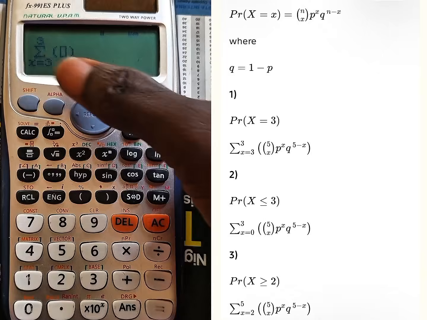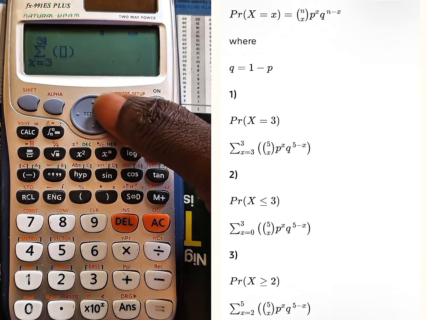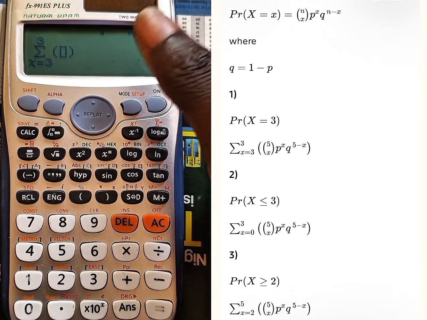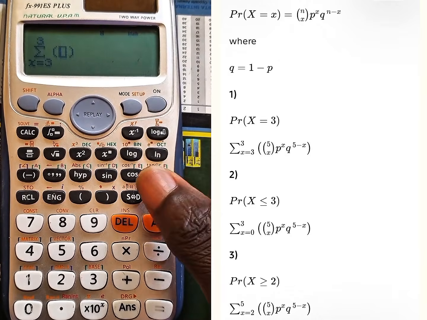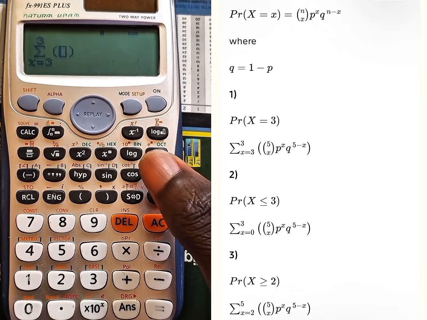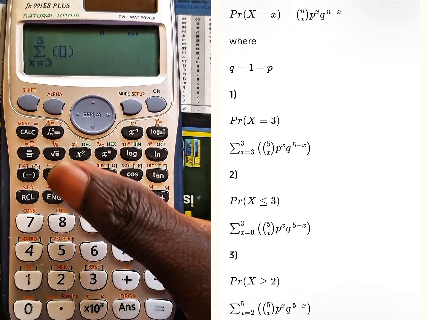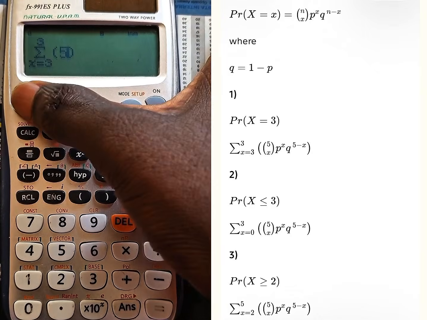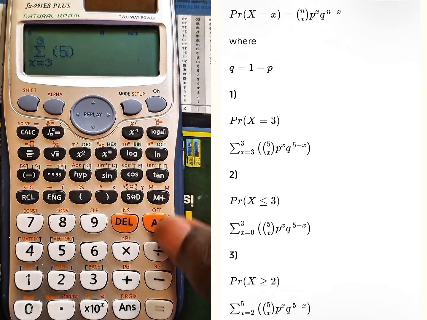After you have input this, you come back to your bracket. Now the formula says n combination x. Here n is 5, so press 5, then press shift and this key to give us combination.